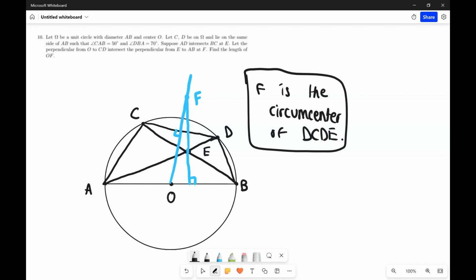Well, we already know that F lies on the one perpendicular bisector. Now we just need to show that it lies on a line passing through the orthocenter. And now we have that F lies on another line containing E, and therefore we need to prove that the perpendicular from E to AB contains the circumcenter of CED. How can we do this?